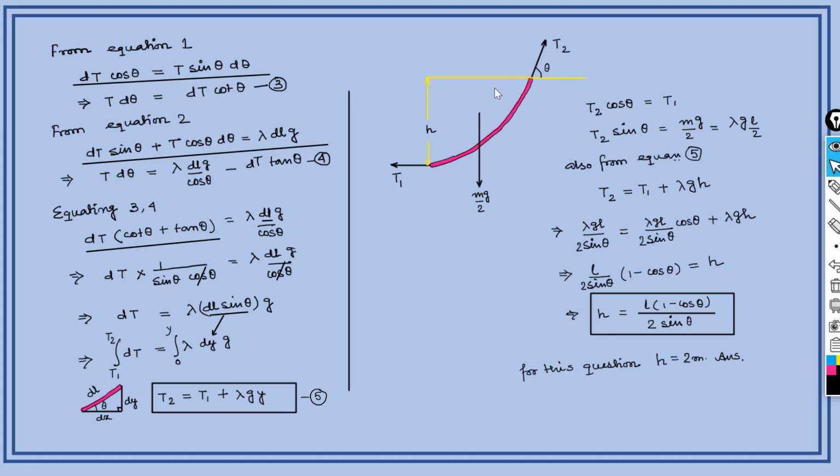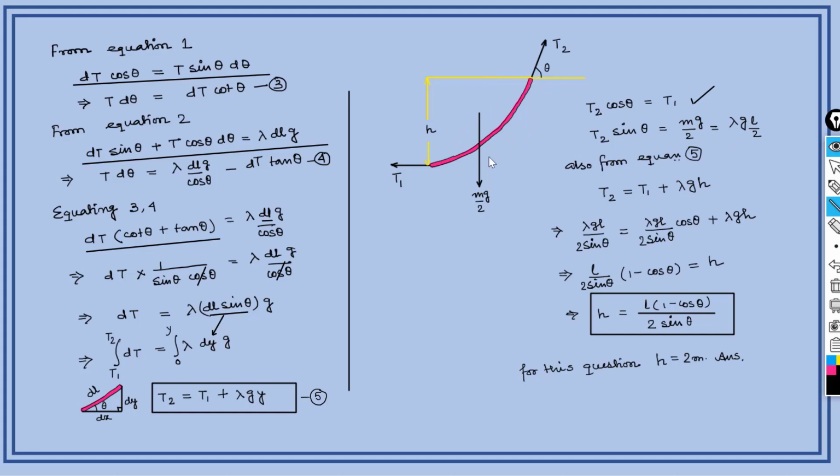Now again, if I equate its horizontal and vertical forces, I get this equation for the horizontal component, which is T2 cos theta equals T1, and for the vertical equilibrium, T2 sin theta equals mg by 2. Why half of the mass?